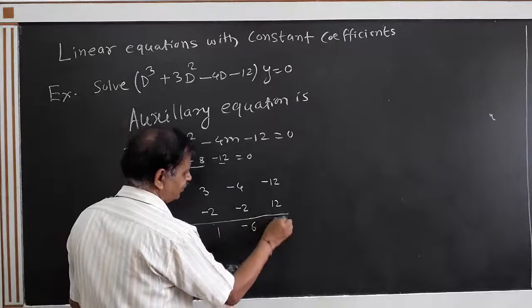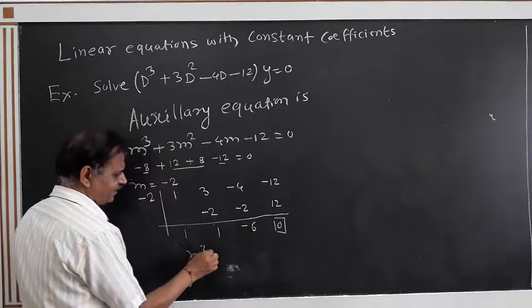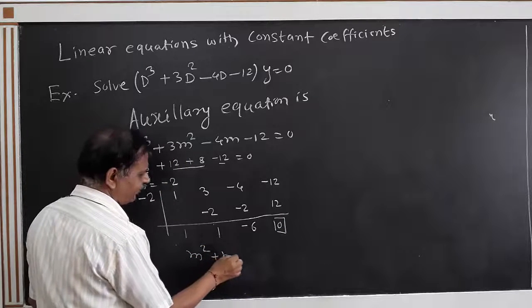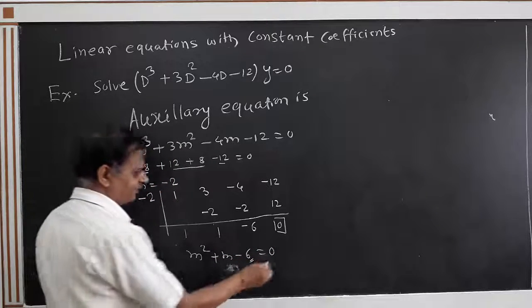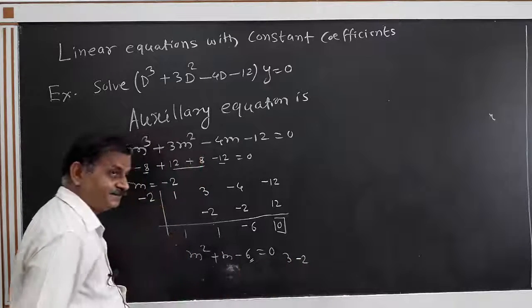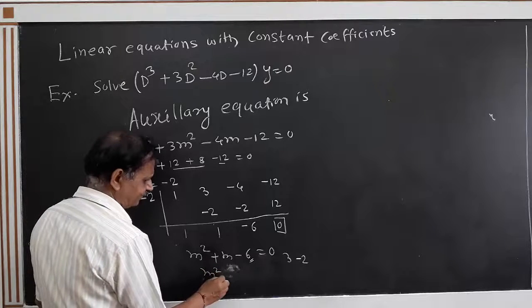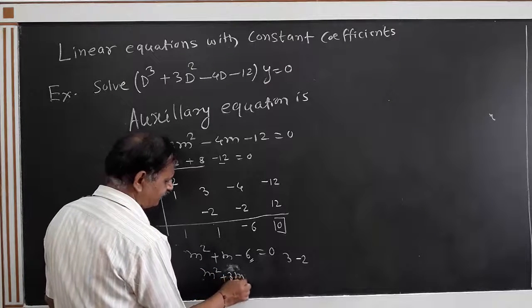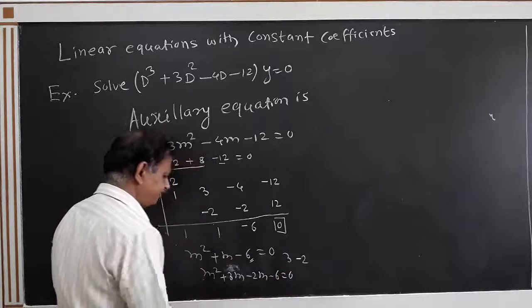12 minus 12, 0. Therefore, the quadratic equation is m square plus m minus 6 equal to 0. This 6 has the factors 3 into 2, so that 3 minus 2 equal to 1. Therefore, m square plus 3m minus 2m minus 6 equal to 0.